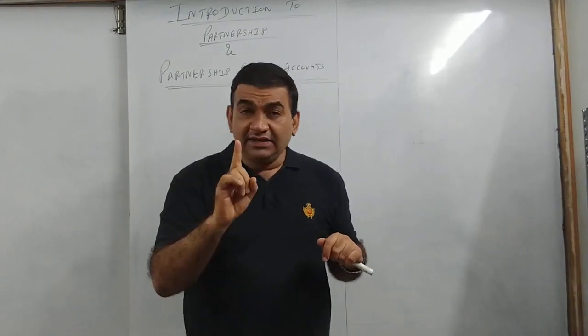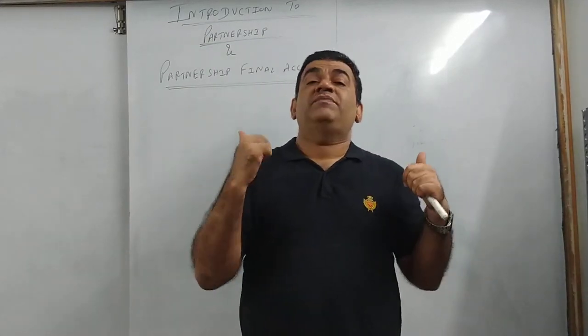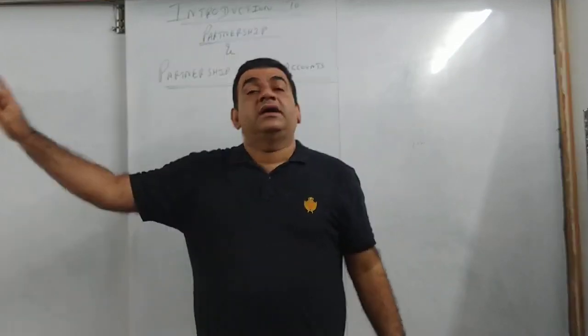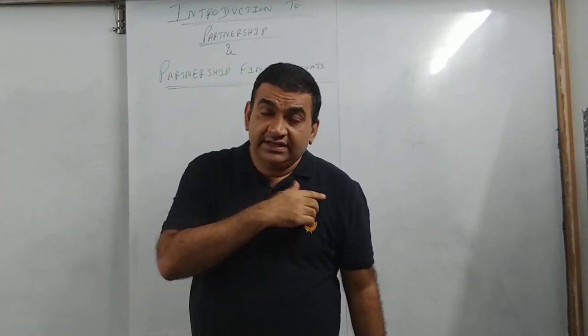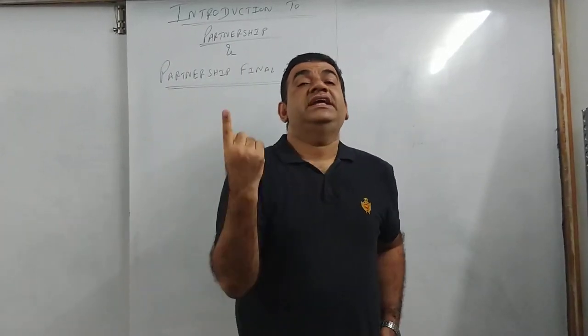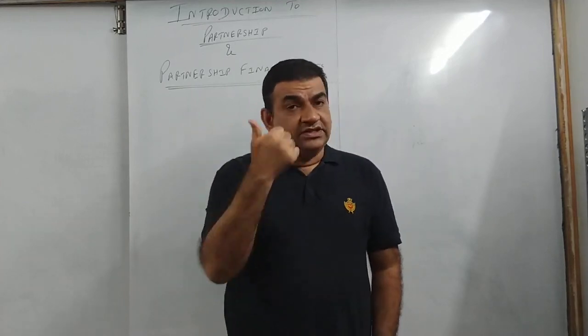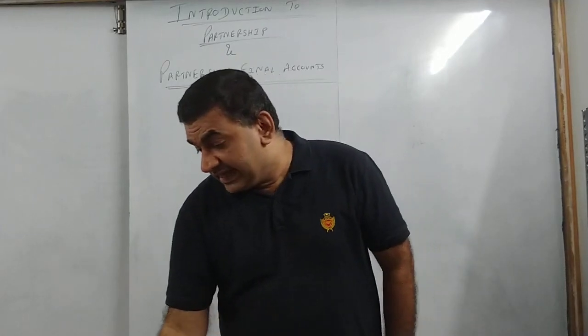So a partner plays a dual role of principal and agent. Outsiders ke liye he becomes the principal because he is the owner, and within the partners, all of them are owners, so they become agent for each other. So remember this dual role of principal and agent.